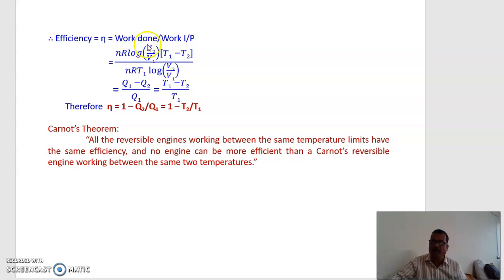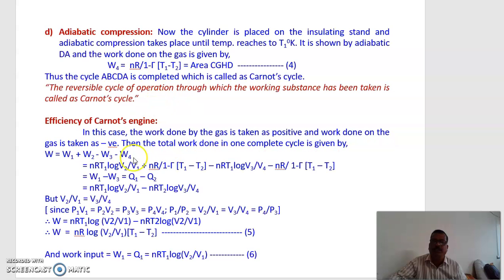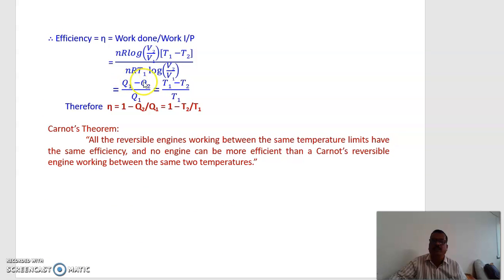Work output किती आलं आपलं, nR log of P2 by P1 into bracket T1 minus T2, आणि divided by work input किती आहे, nRT1 log of P2 by P1.